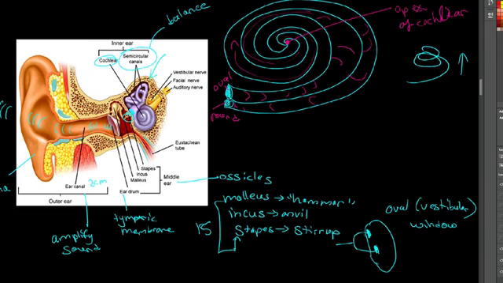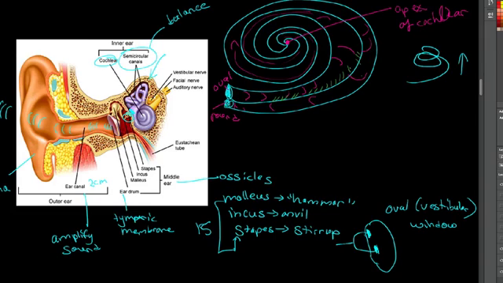In the middle, you've got the basilar membrane. This is the part where there's a ton more detail that you can go into, but we're trying to keep this under 10 minutes.